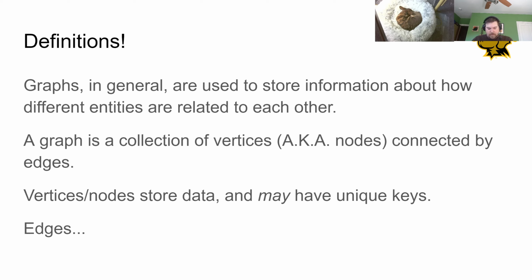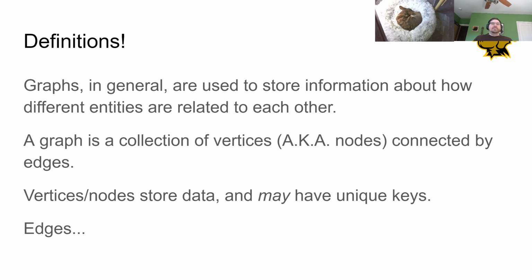Typically vertices have some amount of data in them, and most commonly that data is represented as some kind of key value store. Which is why you could view a hash table as either a collection of key value nodes that have no edges between them, or as one node that has an efficient key value store in it.